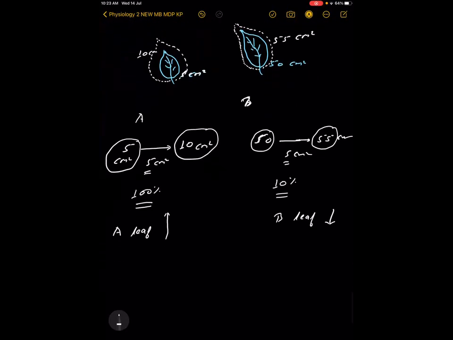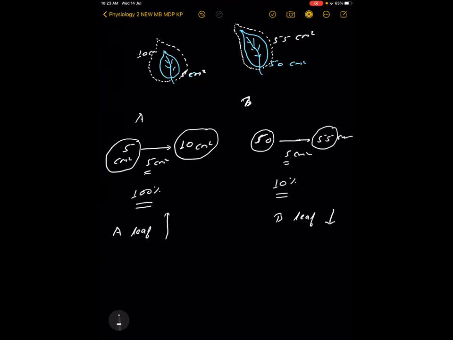So the smaller leaf shows more growth to cover the same area, whereas the larger leaf shows slow growth to cover the same area. Their target is only 5 centimeter, to grow up to the next 5 centimeter. Fine. But in case of A, it shows fast growth and it is 100%. The 10 is just double of this 5.